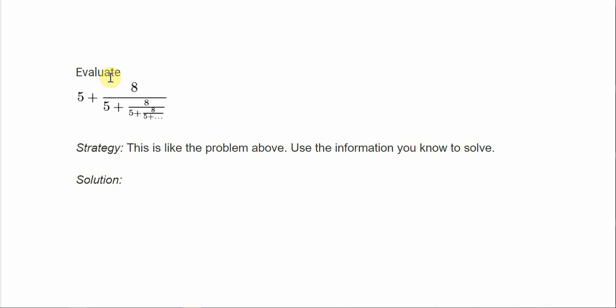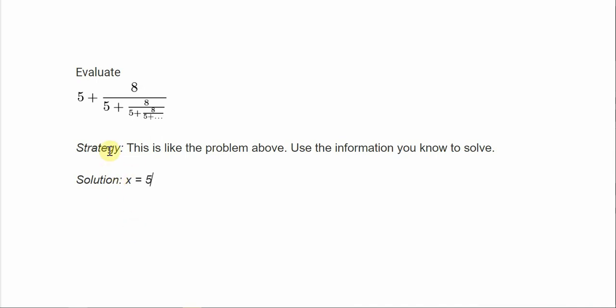Evaluate 5 plus 8 divided by 5 plus 8 divided by 5 plus 8 divided by 5 plus and so on forever. Here's a strategy. Let's read it. This is like the problem above. Use the information you know to solve. Well, we know that we set it as an equation. x is equal to 5 plus 8 divided by 5 plus 8 divided by... Oh, it makes sense.